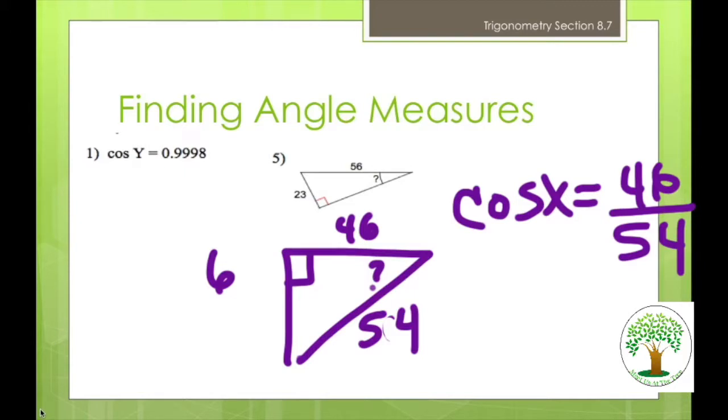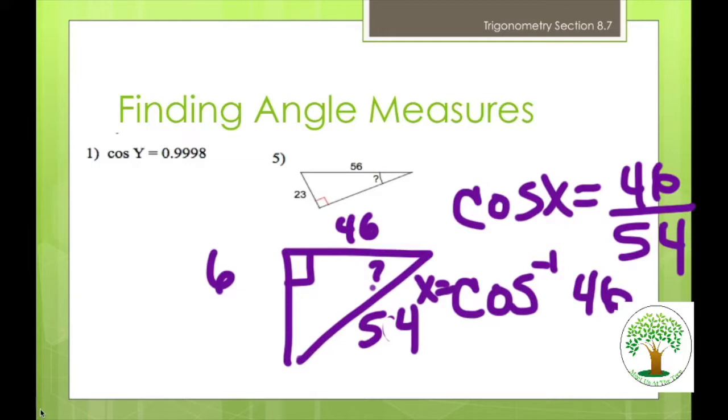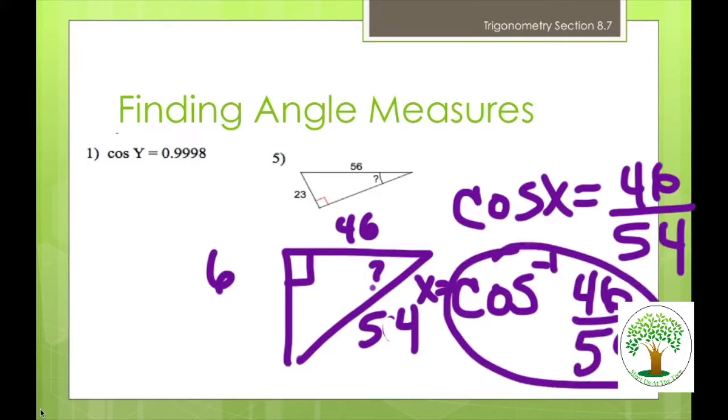When you put this in your calculator, you are technically doing x equals cosine inverse of 46 over 54. And this part will be the 32, is that what you said it was? Yes, ma'am. So x will equal 32 degrees.